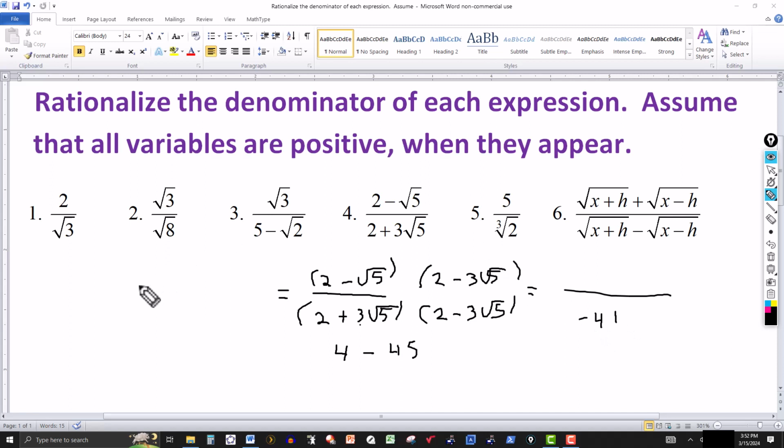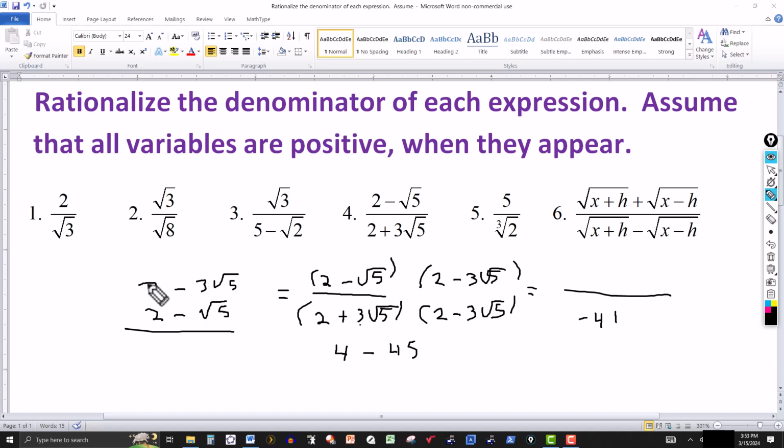Now these are the two in the numerator. I got 2 minus 3 radical 5 and 2 minus square root of 5. Okay, so 2 minus the square root of 5, I have that one here at the bottom. And then this one over here, 2 minus 3 radical 5, it's on top here.